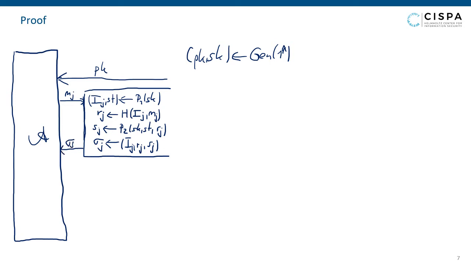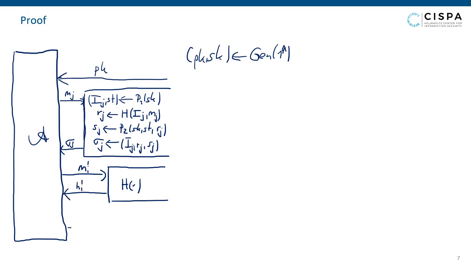Adversary gets sigma_j. Now, of course, as always in the random oracle model, we also need to grant the adversary access to the random oracle. Let's call the queries of the adversary to the random oracle the M'_i, and he receives, let's call this H'_i.